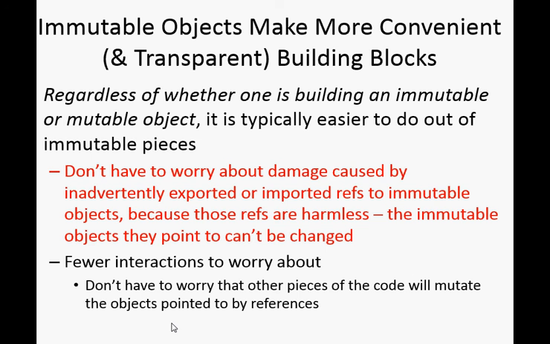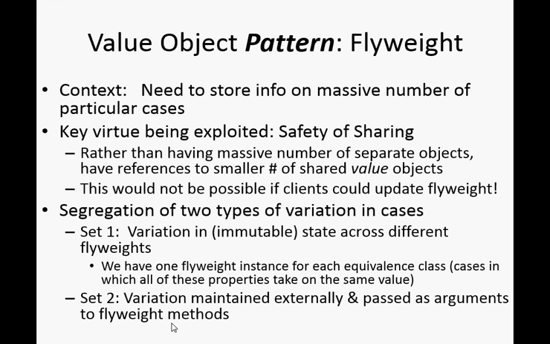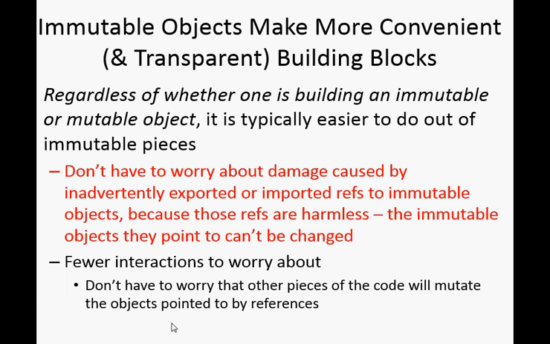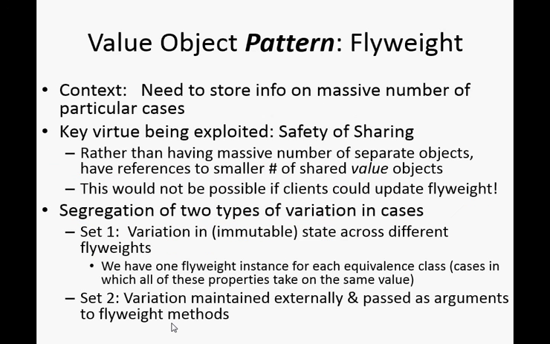So it turns out that we don't have as much to worry about, that other pieces of the code will modify things. Okay? So, ladies and gentlemen, in general, when we're building up data structures, we have a lot of benefits that can come by building things in an immutable way.